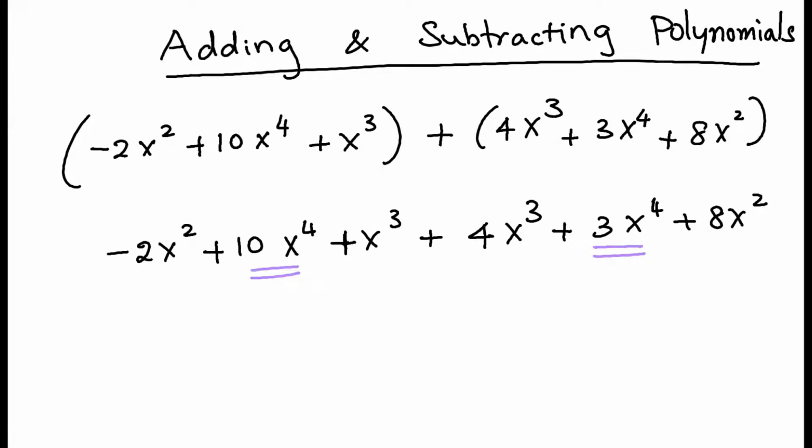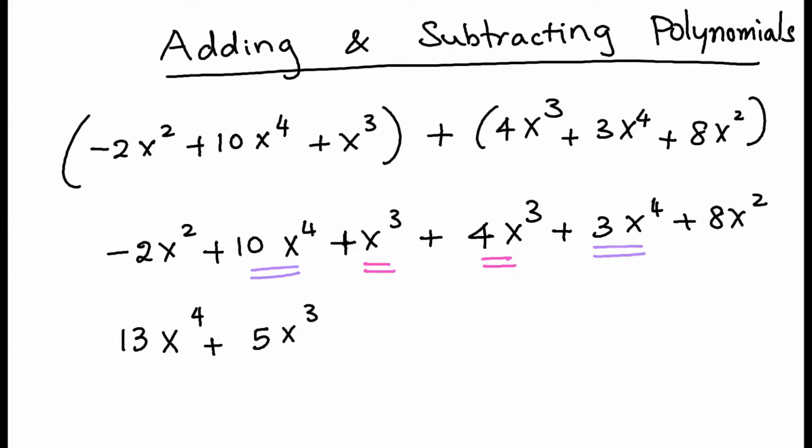And if we add them, it's going to be 10 plus 3, which is 13x to the fourth power. Then we look for x cubed terms. So we do see that there is 1x cubed here and 4x cubed here. We're going to add these two, and we are going to get plus 5x cubed.